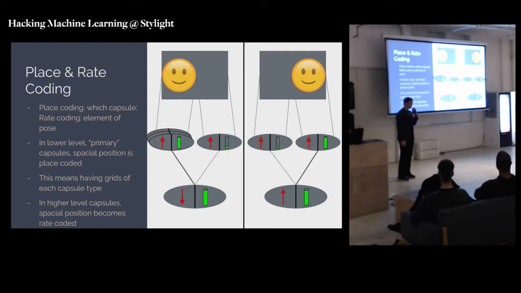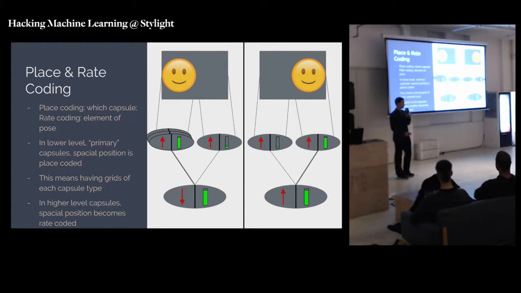Okay, a small word about place and rate coding, in particular when it comes to where an object is in space. Referring back to the first slide, you could directly have this as an element of the pose. However, this is not how it's done in practice. In practice, you would have a grid of capsules of a single type, and then you would expand that grid out however many types of capsules. By type, I mean you would hope that all capsules of one type would fixate on the same sort of entity.